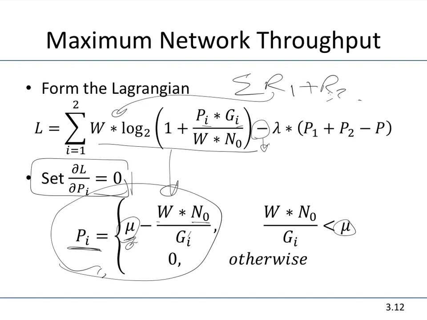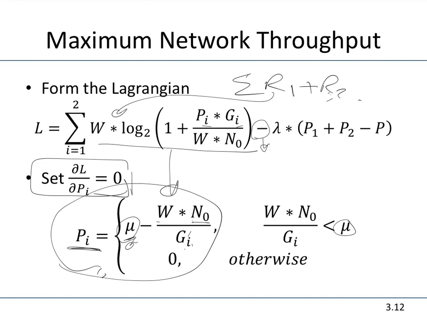The user whose ratio between the noise and its own gain is less than mu, this means I can give some power to this user.